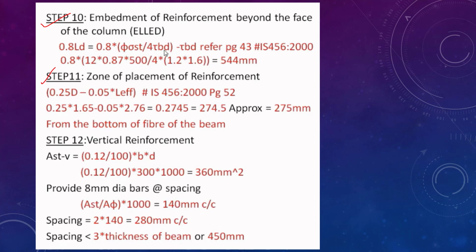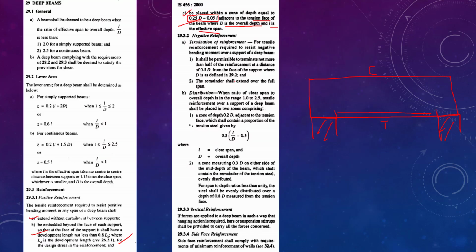Okay, so we know beyond the supports, the rebar should be extended for 0.8 into LD. For those who are not clear why there is a requirement for the development length, if you are curtailing the reinforcement at the support point, suppose you are stopping the reinforcement at the face of the supports, there won't be enough grip for the reinforcement.